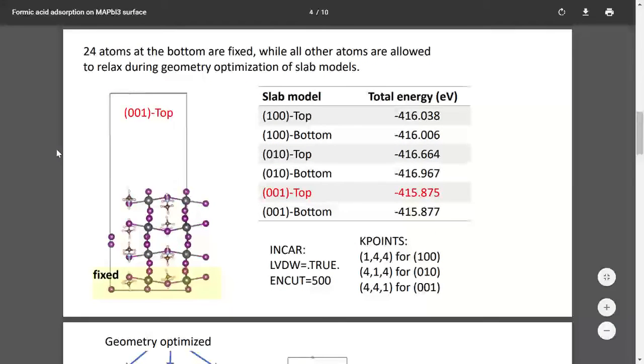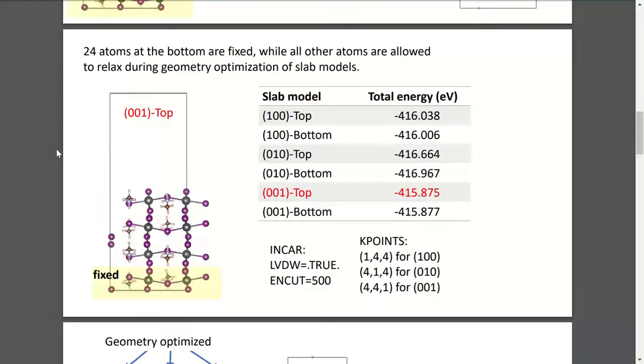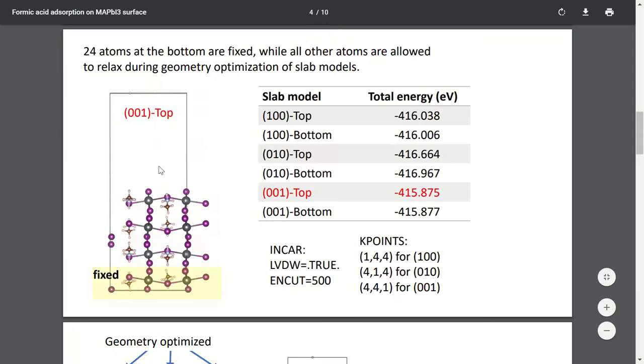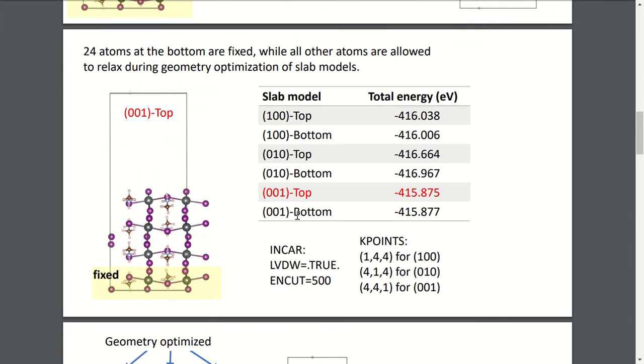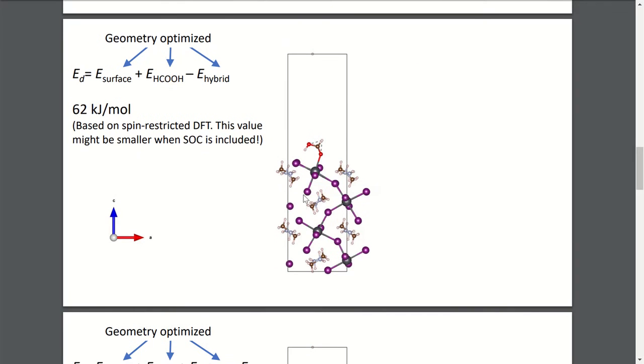I did this for different directions, and I focus on the 001 top surface because this one is the most reactive one. Here, I put the formic acid at the top. The oxygen of the formic acid binds with the metal.